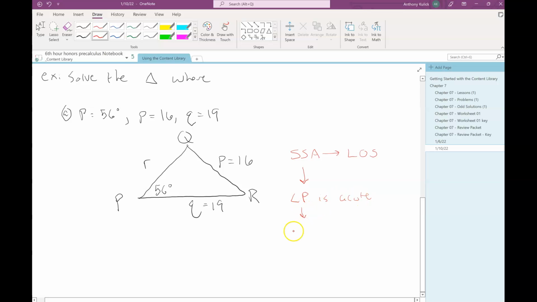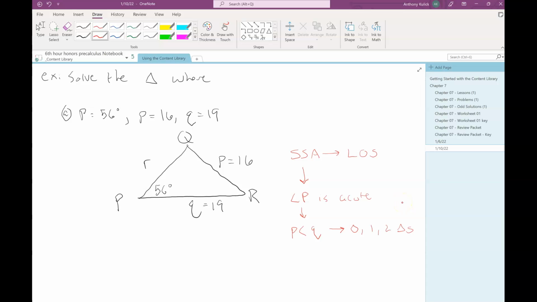And then if I look at the side opposite that given angle and I compare it to the other given side, is that relationship smaller, equal, or bigger? Smaller, right? The side opposite the given angle is smaller than the other given side. This was that troublesome situation where we can have 0, 1, or 2 triangles.